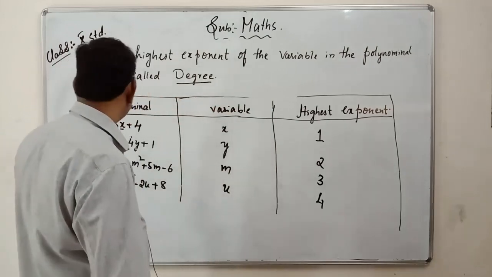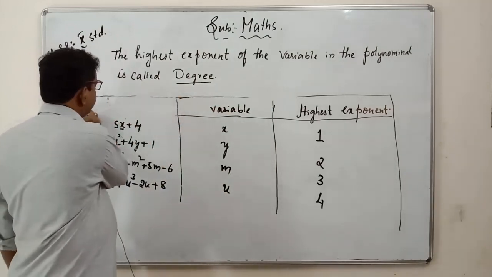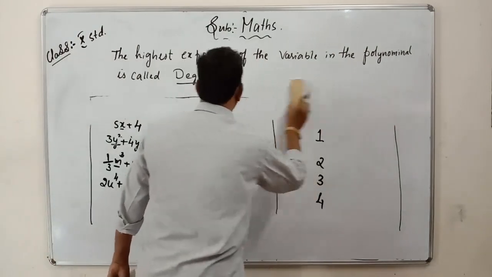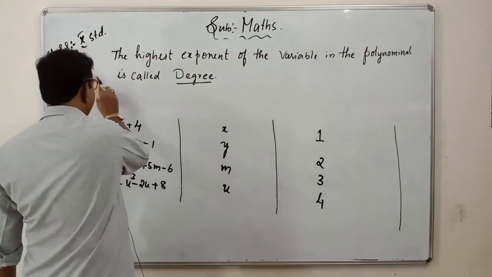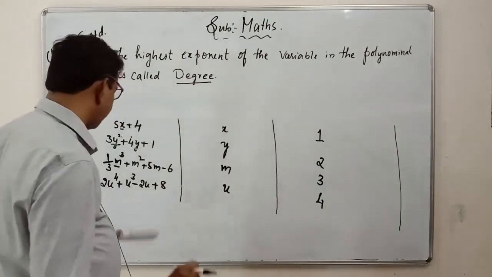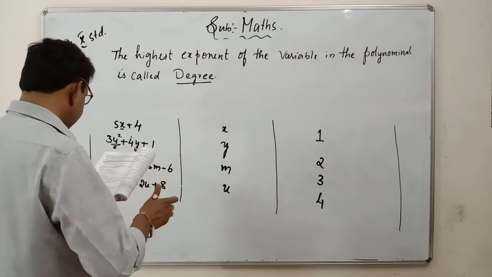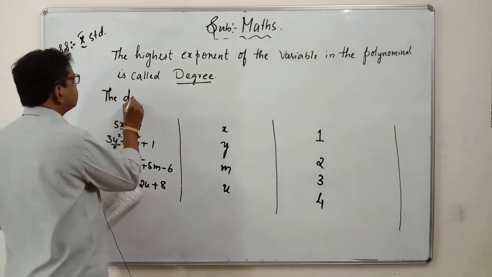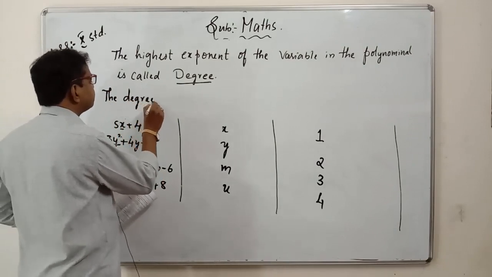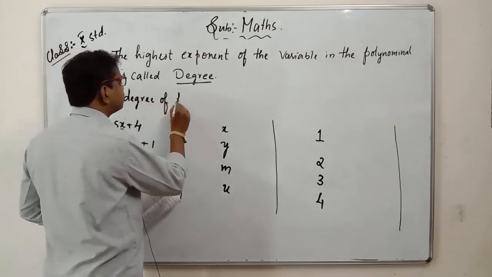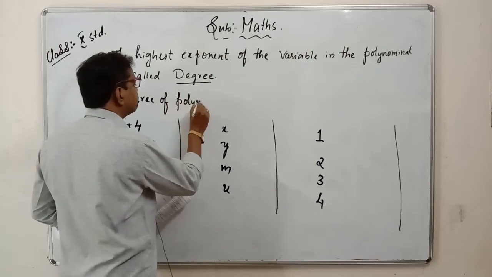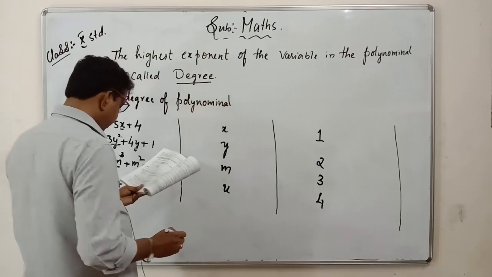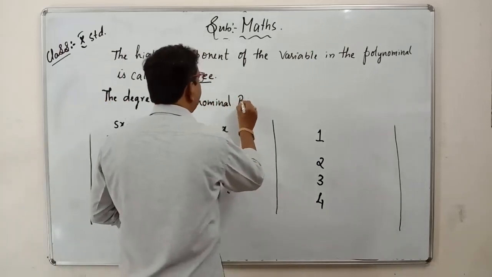So let us see one example. Let us take the first example, that is 5x plus 4 which we have written there. What is the exponent, and how to read this statement? If we take 5x plus 4, then we can read it as the degree of the polynomial p of x.